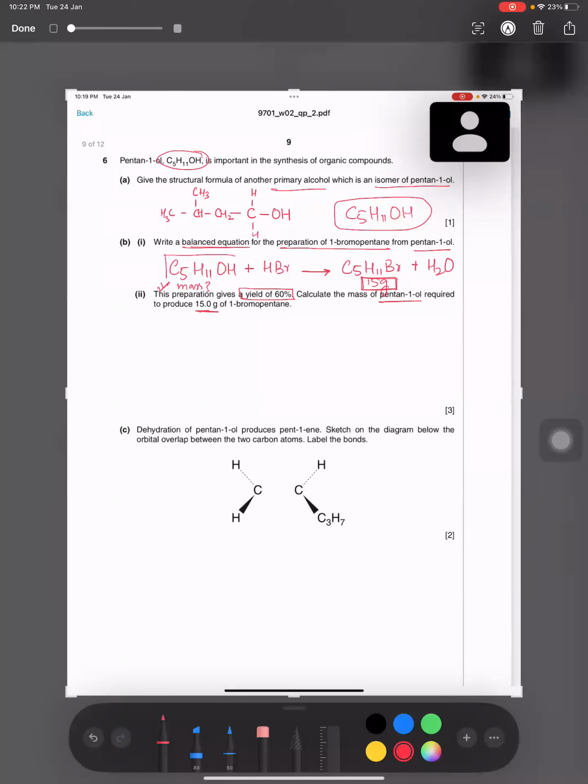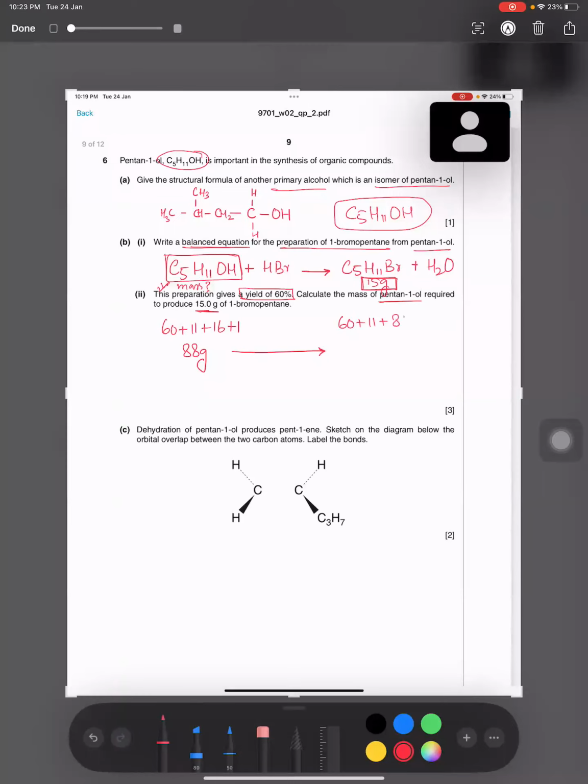And for this, we can use molecular mass, right? So you can see this, it is 5 carbons, each carbon having 12 mass, so it will be 60. It will be 60 plus 11 plus 16 plus 1. So what is the mass of this? It is actually 88 grams. So you can say that 88 grams pentanol produces C5H11Br, 60 plus 11 plus it is, I think, 81 or 80 somewhere.